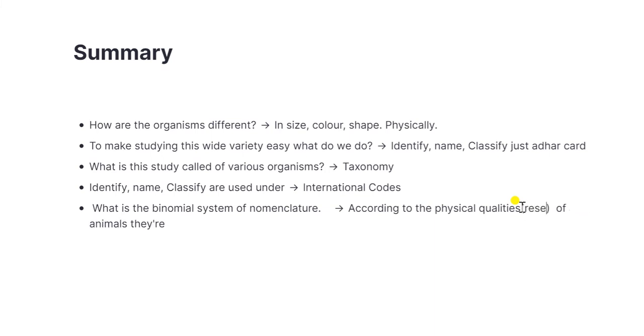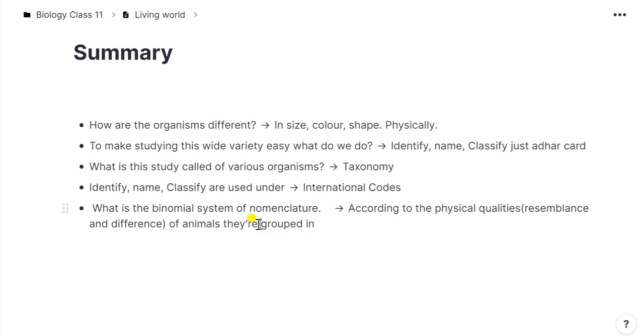Resemblance means how similar they look to other animals and how different they look from other animals. They are grouped into different levels of classification. Classification is basically what are you, right?